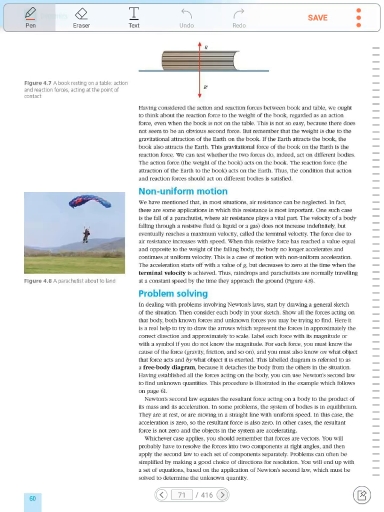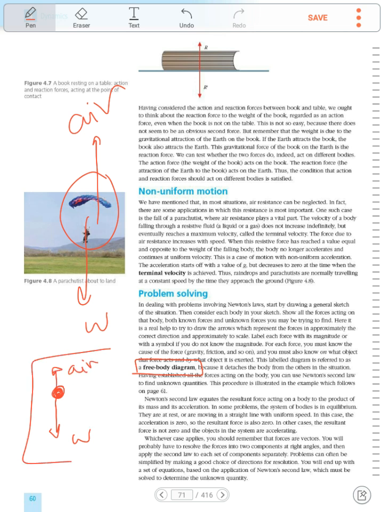We have weight and air resistance acting on the object. I can draw what is called a free body diagram. If I have a ball moving downward, or a skydiver, this is the weight and this is the air resistance. This is the free body diagram.